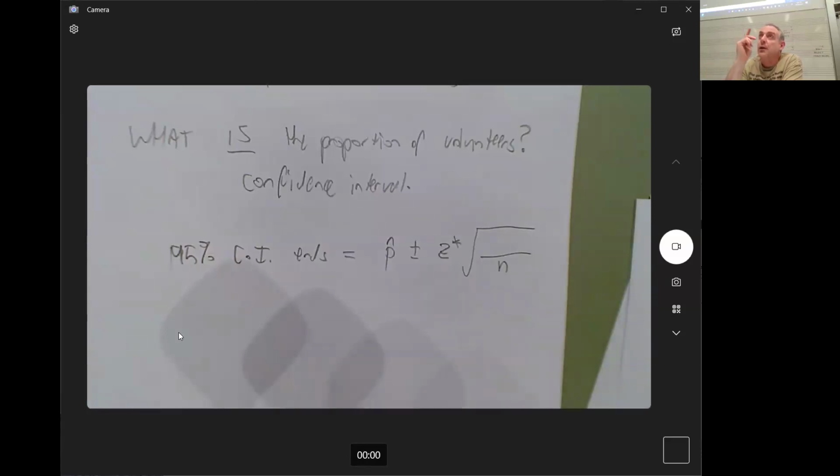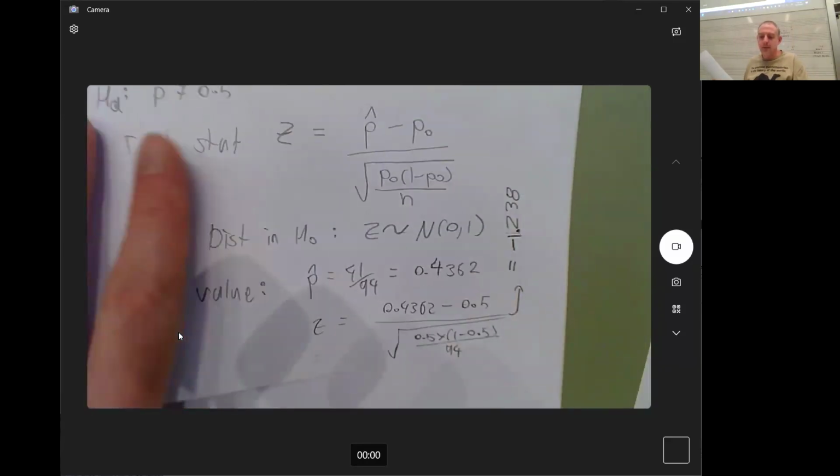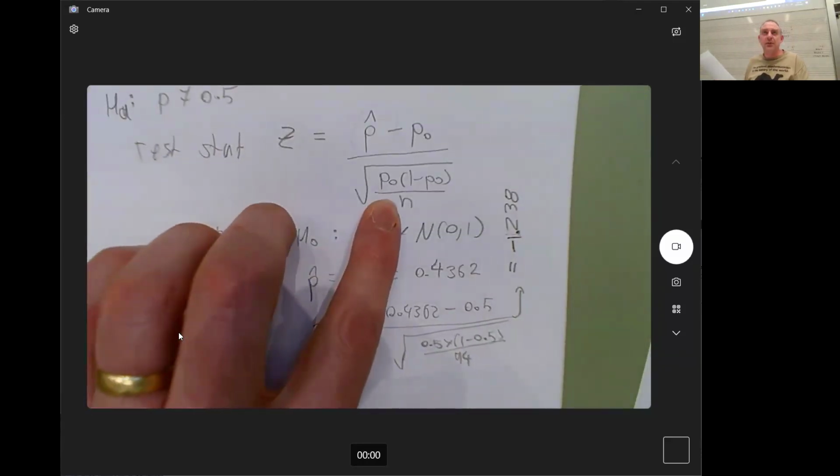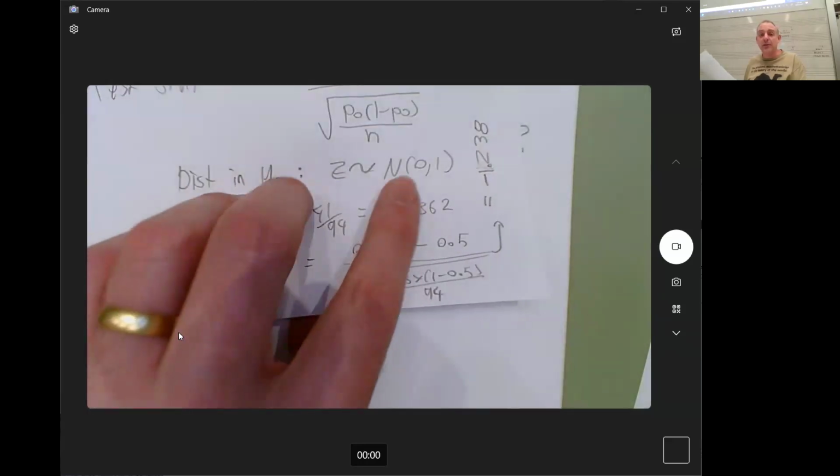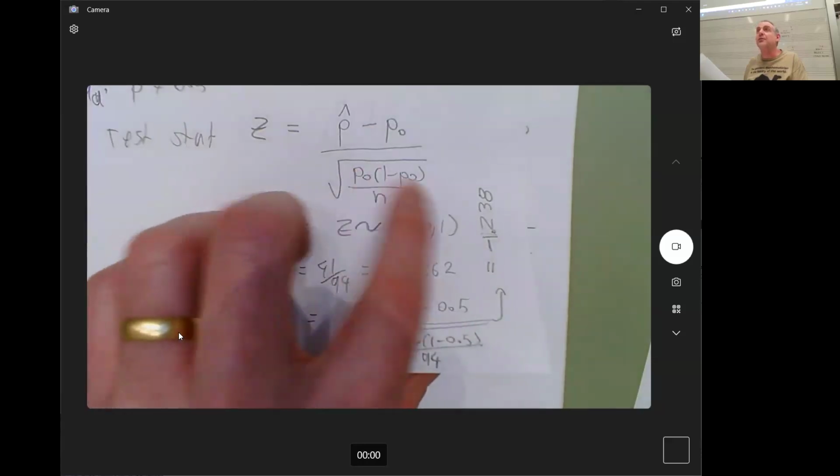Technically, when you ask the question, what is the proportion, you are allowing yourself the possibility that the proportion isn't 0.5. And so you can't use the p from the null hypothesis in your calculation anymore. In the test statistic, you were living in the land where the null hypothesis is true, so you were allowed to use it.